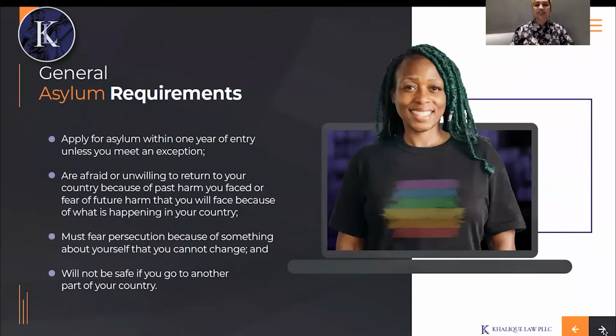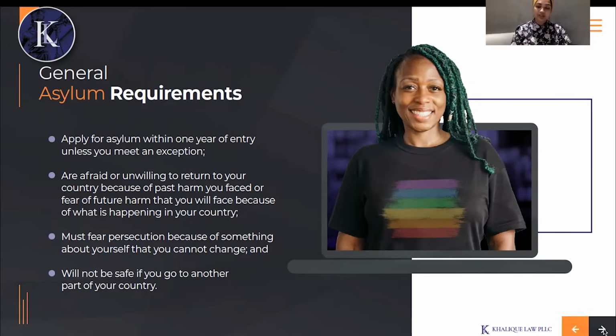Or there's something that changed in your life that now puts you in danger that before didn't exist. Or it has to be some exceptional circumstances beyond your control, which you had nothing to do with, and that could be a possible exception to the one year deadline.